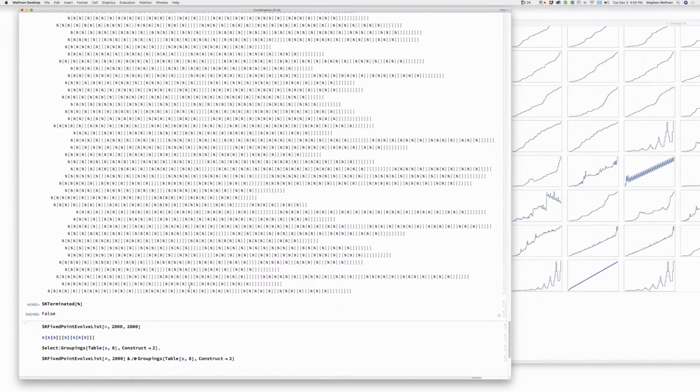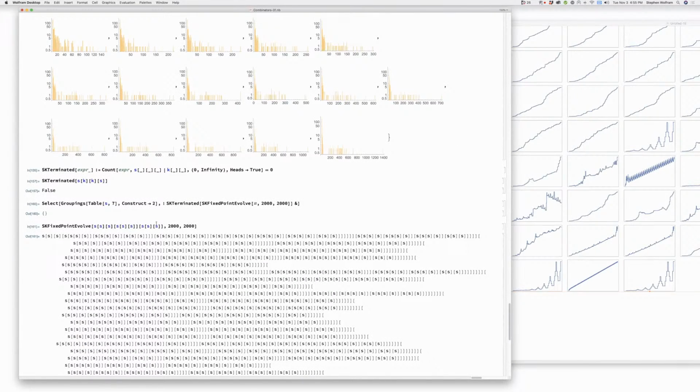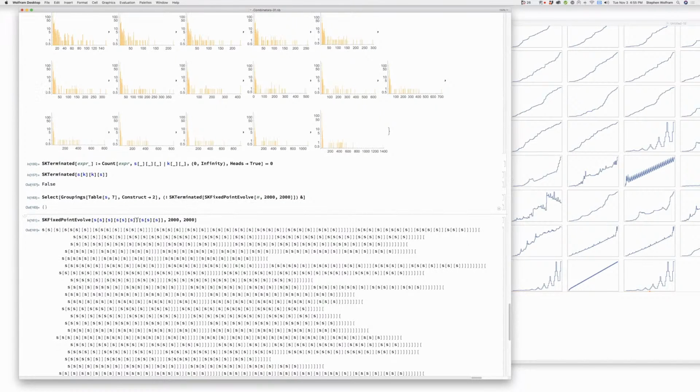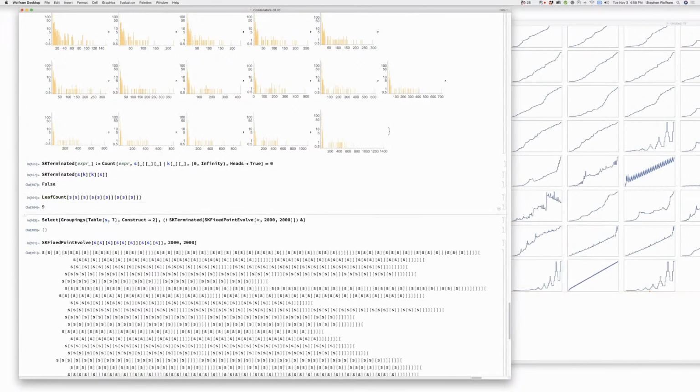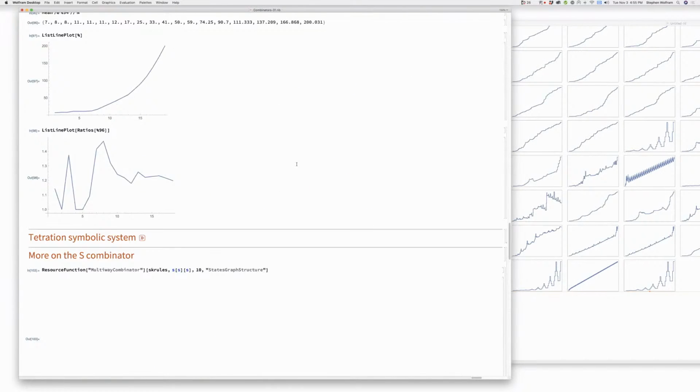So I should be able to say, that grouping isn't wrong, is it? I'm very confused. Okay, how big is that one? Oh, that one is longer. Okay, I need to take the one that's actually the right size.